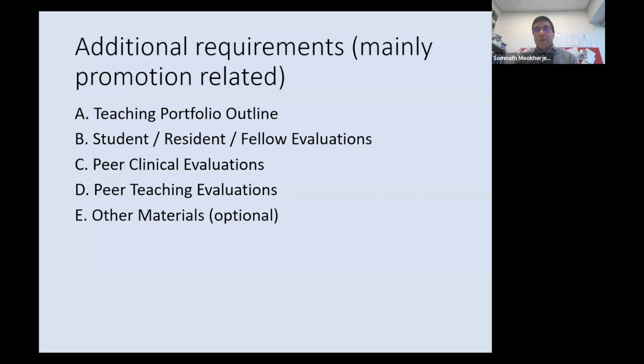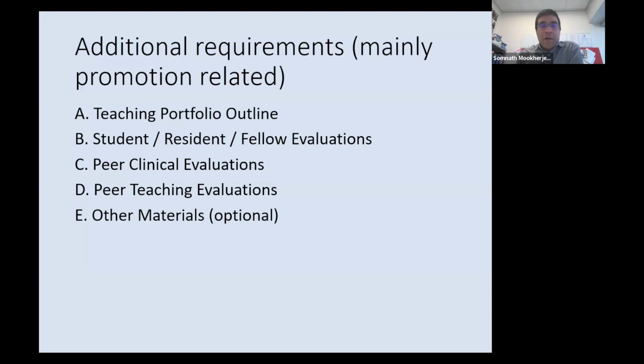She's asked me to start thinking about how we can revamp the teaching portfolio to make it more user-friendly, less of an ordeal, more practical and helpful. So I'm just plugging that. If anyone becomes interested in teaching portfolio 2.0, please let me know. There are some possible opportunities to work on something that I think will be hugely impactful for a lot of people in our department and our school.